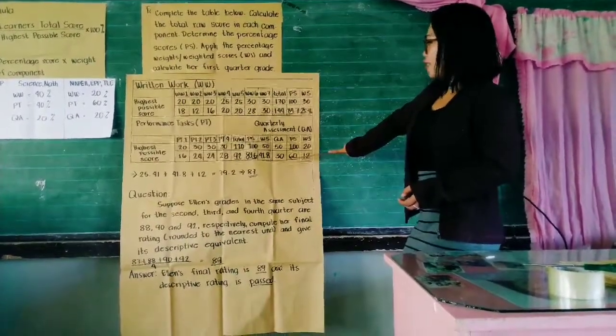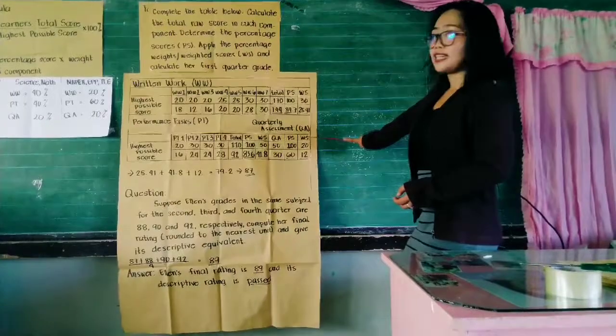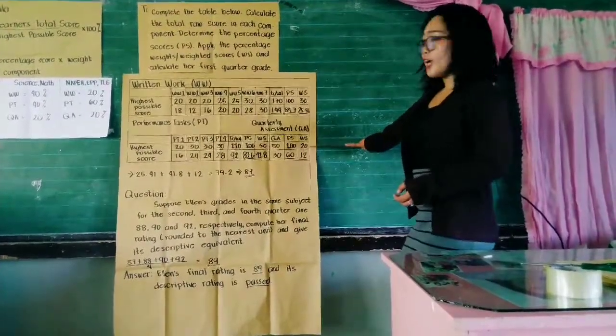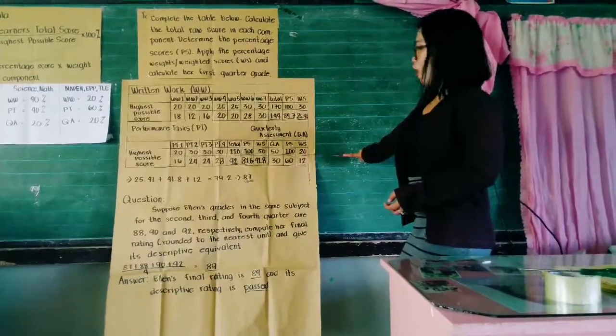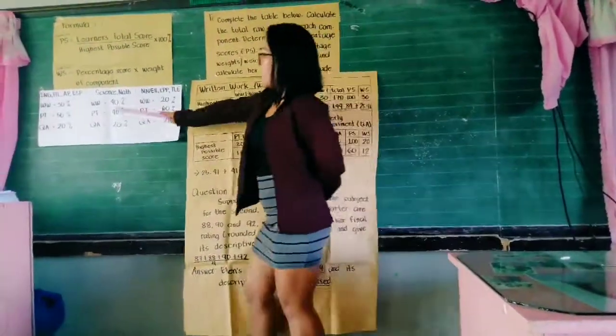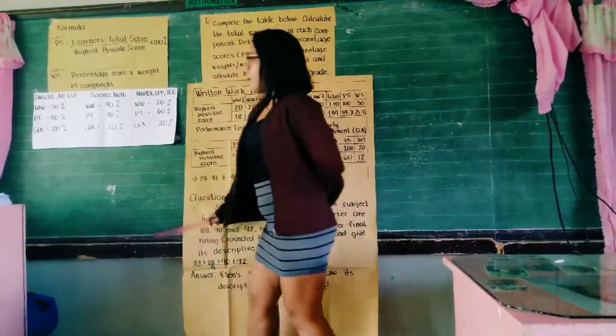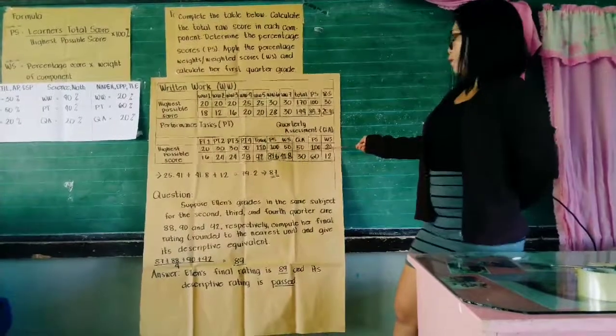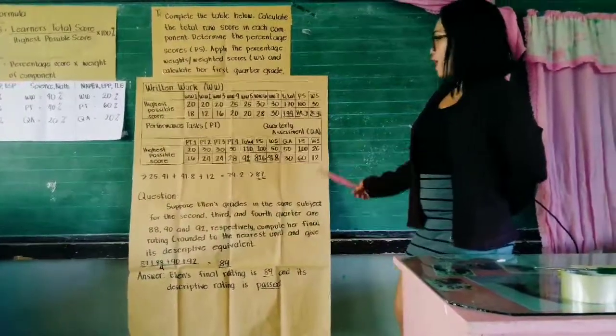Then, we will get again the WS, the weighted score, so 60 times 20. Why 20? 20 because the weight of component here is 20%. So, 60 times 20% equals 12.